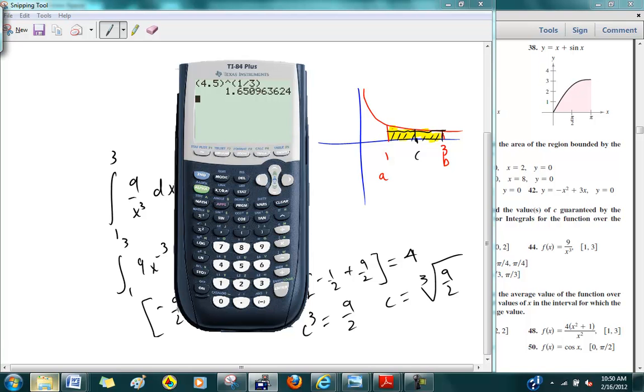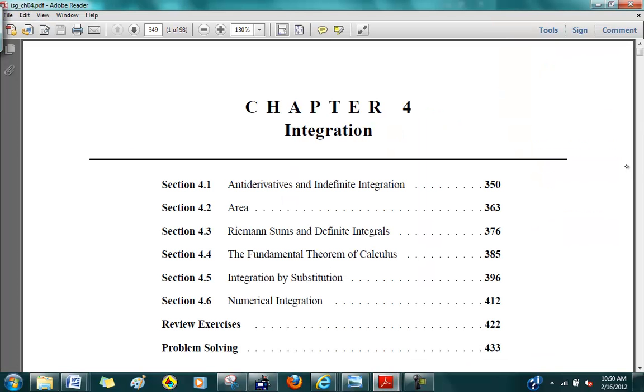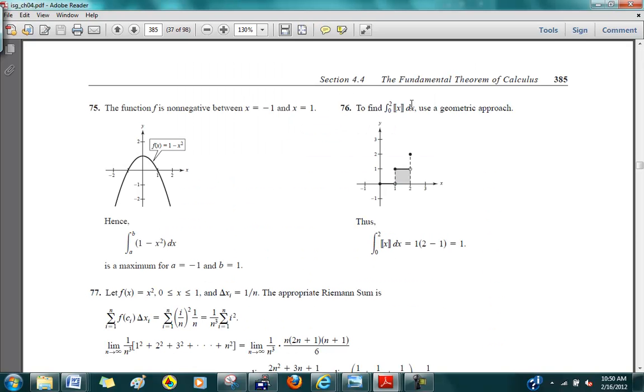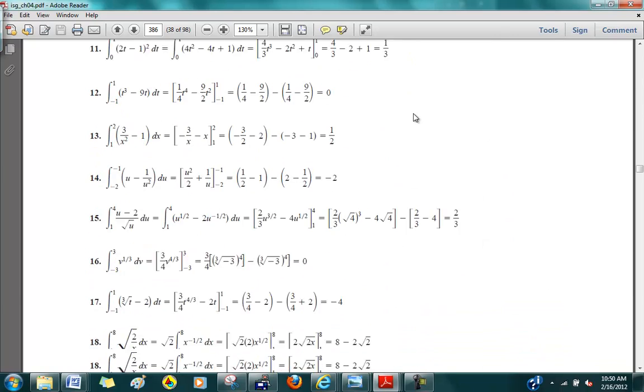Let's just go ahead and check the answer in the book. So we need 4.4, so we're going to page 385. And I thought we were doing number 44.